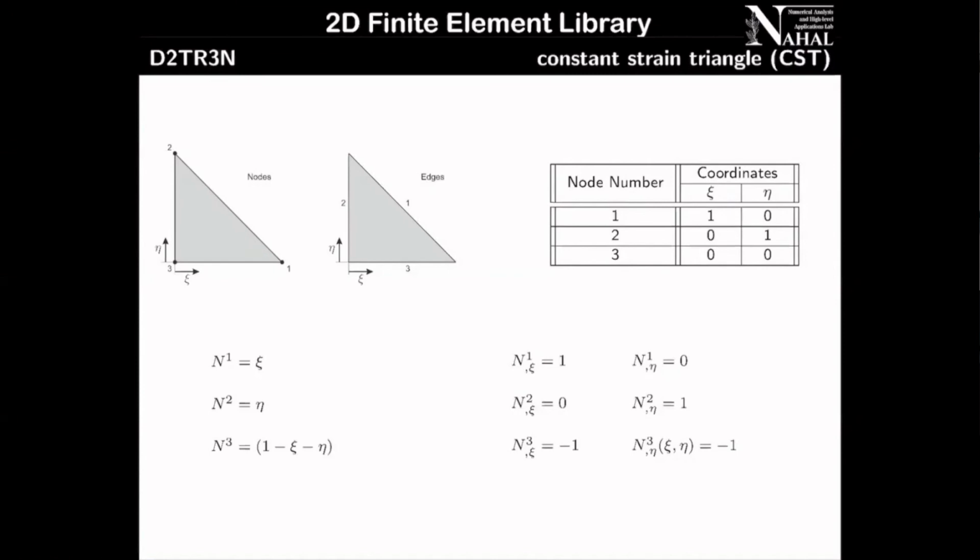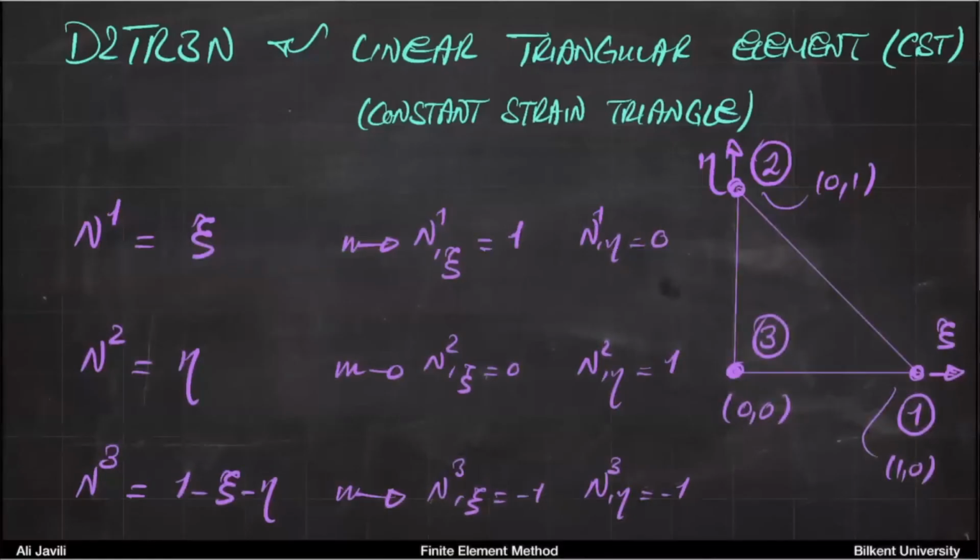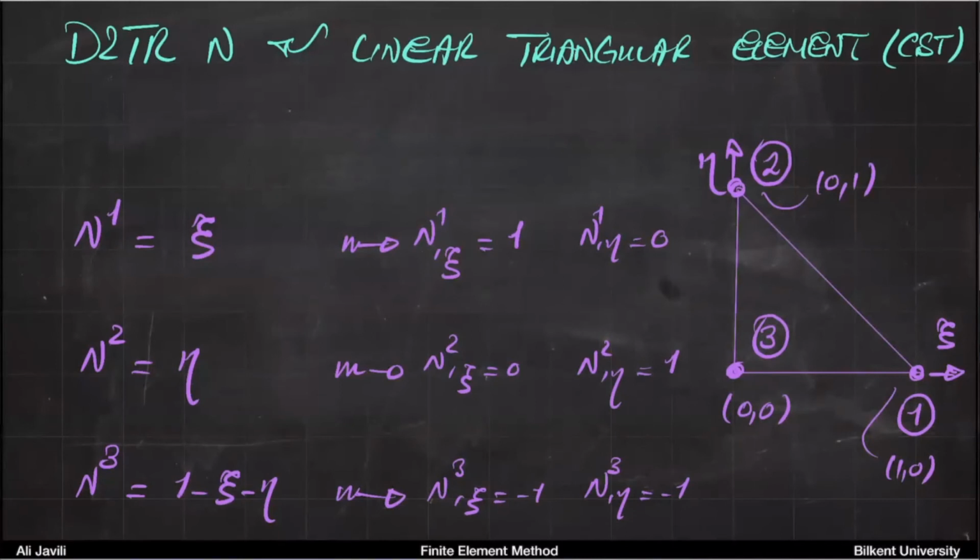So that is your linear triangle, and then the next element we want to talk about is the quadratic version of this. That would be 6-noded, and that would not be linear, so it's the quadratic triangular element.